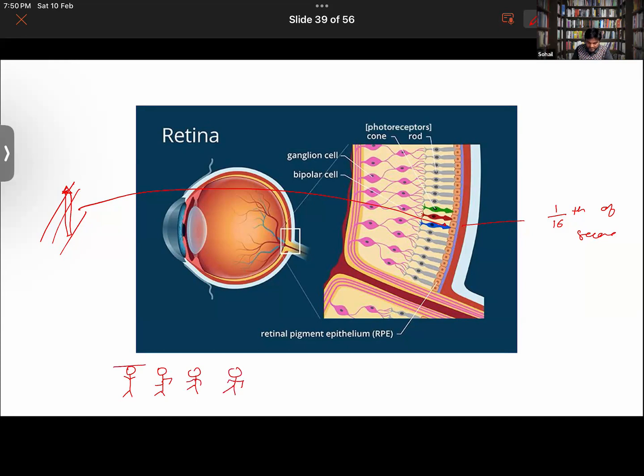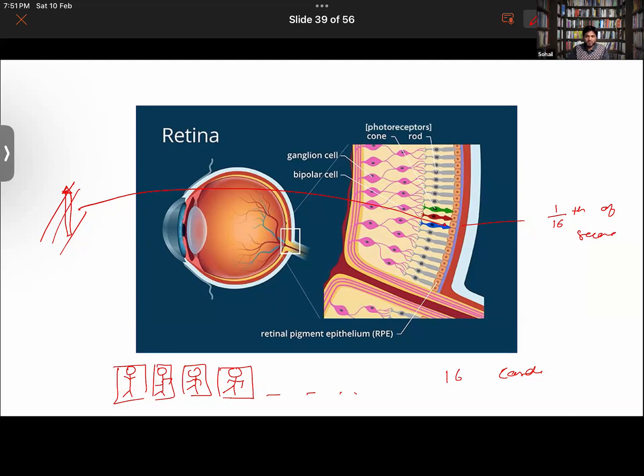So let's say there are a total of 16 frames in which different drawings are made of a person, for example 16 cards. These are still pictures, right? If they are flashed in front of your eyes at a rate faster than 60 pictures per second, then your eyes will assume the picture to be moving.